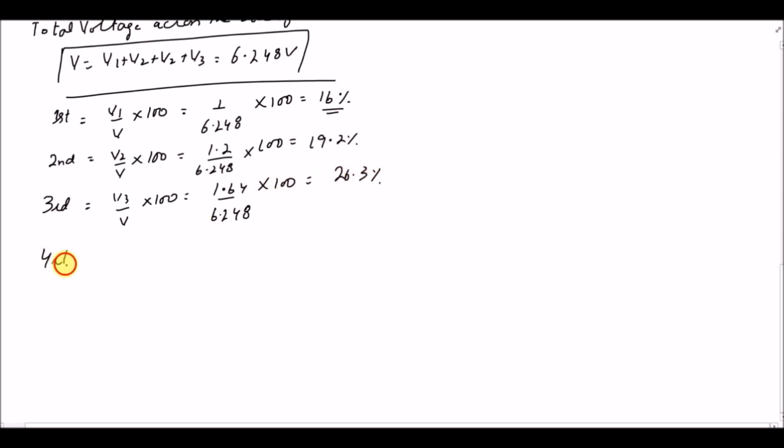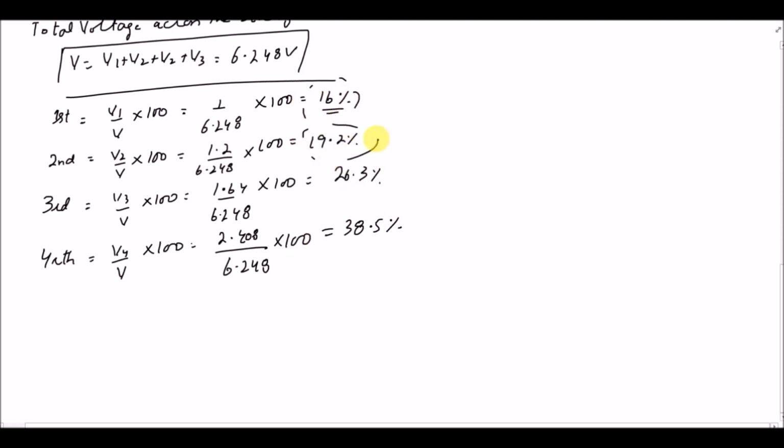And lastly, for the insulator closest to the conductor, it is V4 over V into 100, 2.408 over 6.248 into 100, 38.5%.